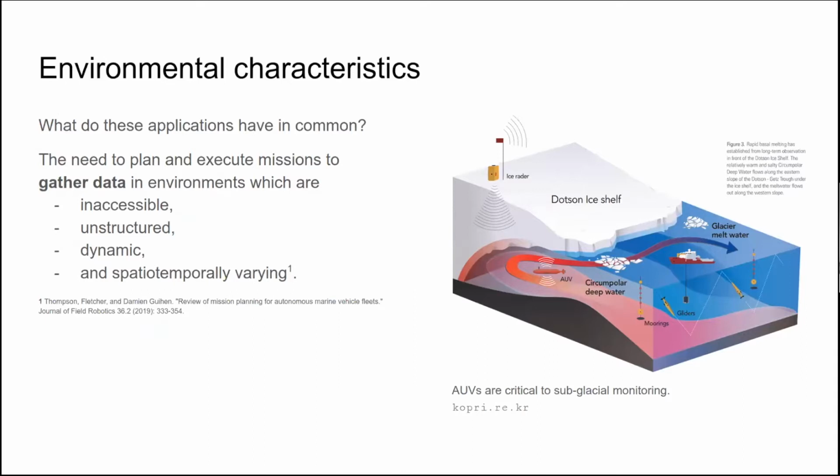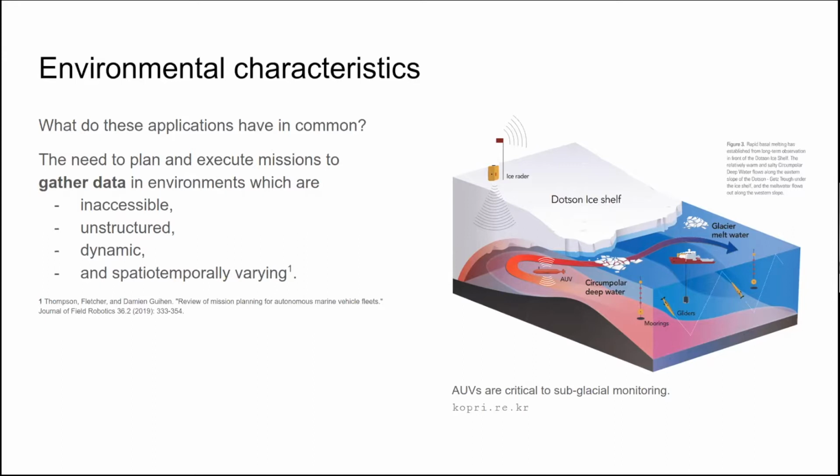The thing that all these places have in common is that they require gathering data in environments that are inaccessible, unstructured, dynamic, and varying over time, which makes it really complicated. So we need systems that are robust and can accomplish these things. One of the best examples of these characteristics is in polar regions.